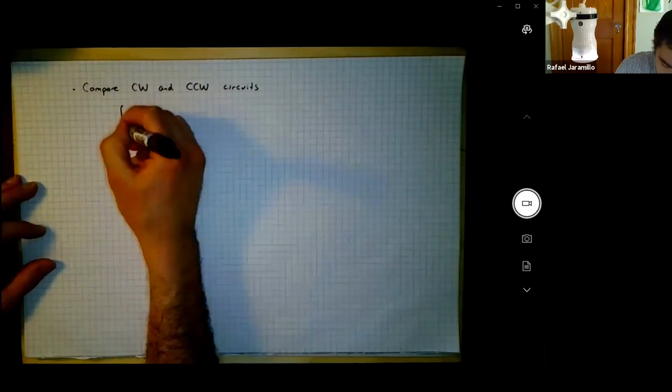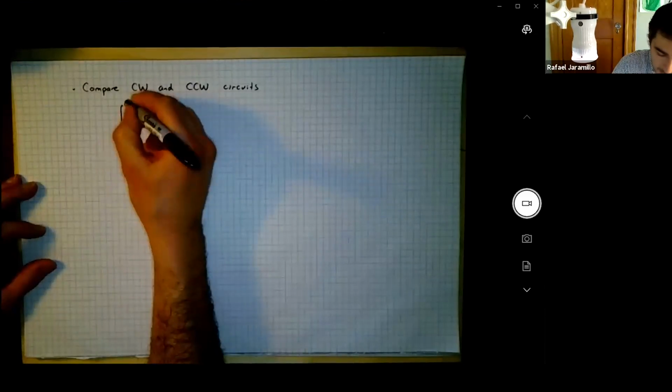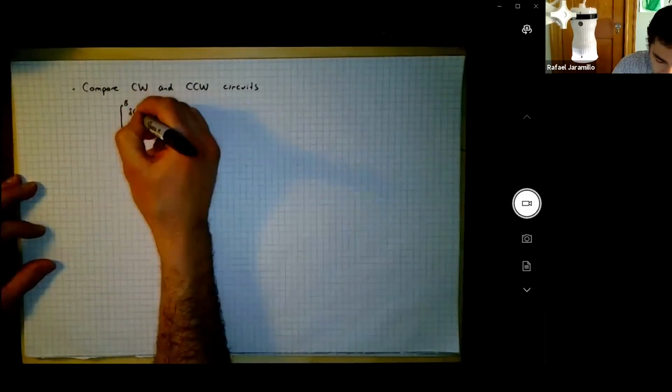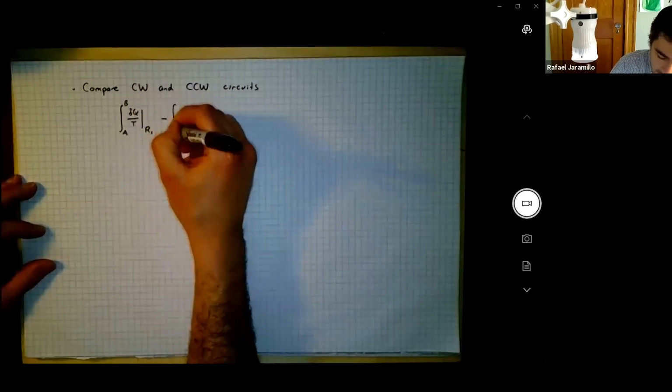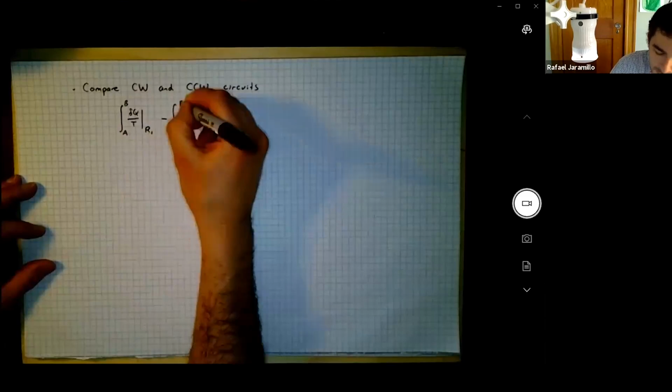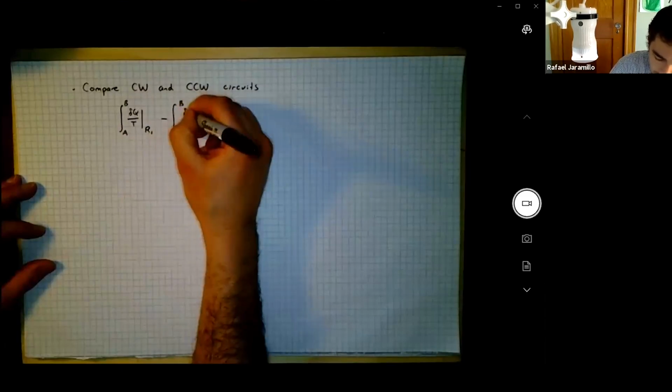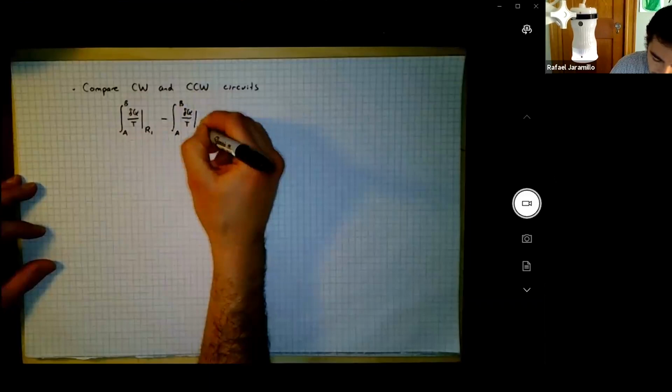From A to B, the integral of dq over T along reversible path 1 minus the integral from A to B of dq over T along reversible path 2 equals 0. That means from A to B, dq over T along reversible path 1 equals dq over T along reversible path 2.